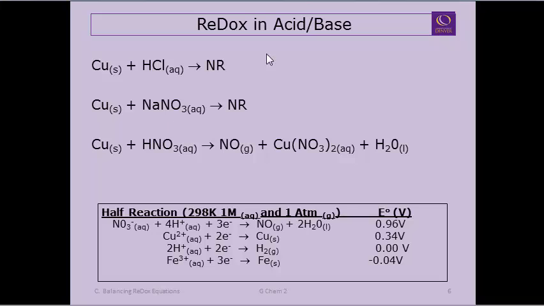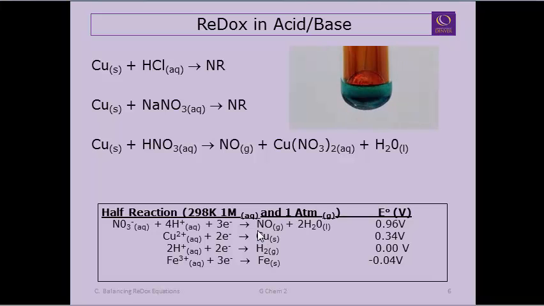And the reason for that, you can see, is that nitrate in the presence of an acidic environment actually has a fairly decent reducing potential, and that reduction is above the oxidation of copper, so this reaction does occur spontaneously.